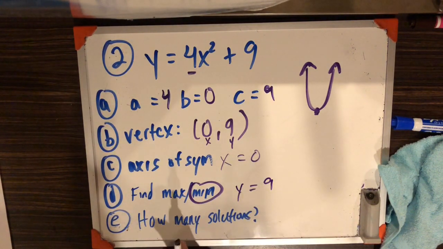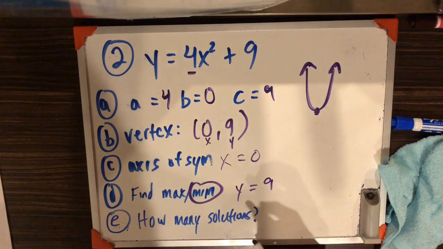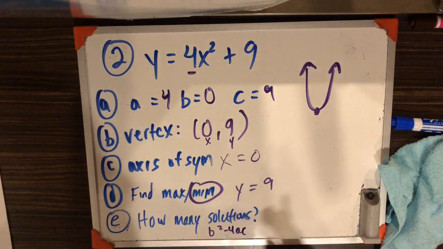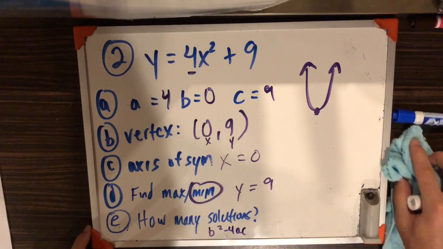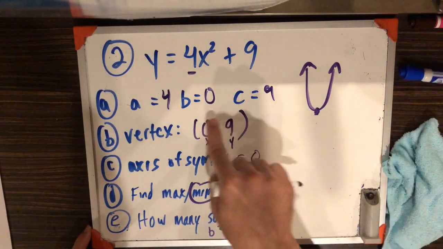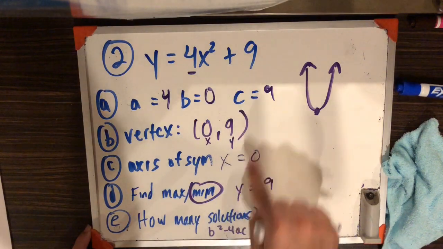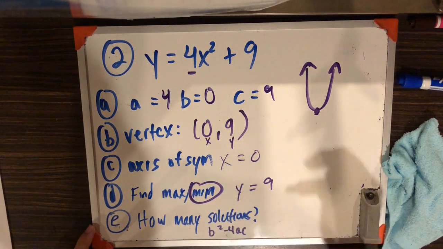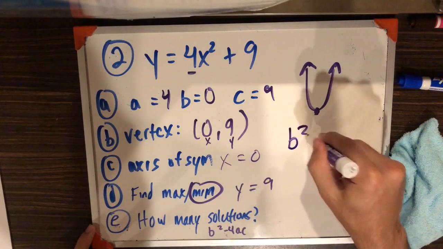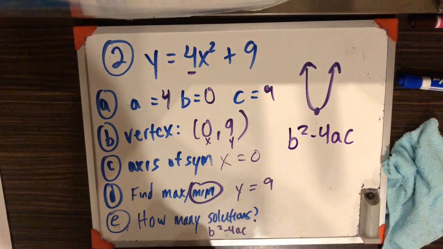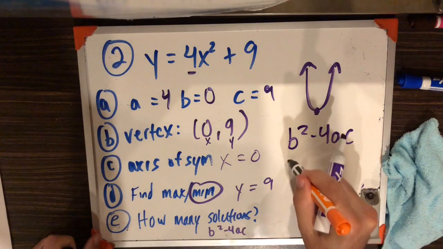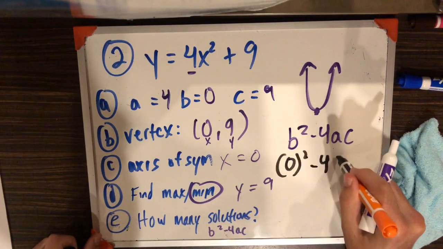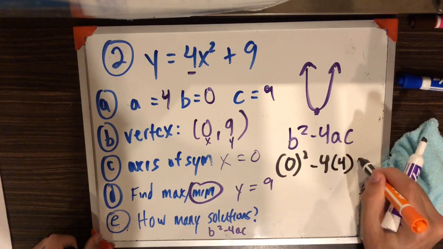How many solutions? If I'm saying how many solutions, b squared minus 4ac is the one quick rule that you should be looking at, right? I have my b, my a, and my c to plug in. So let's go ahead and find out how many solutions does this really have, okay? So b would be 0, minus 4 times a times c.